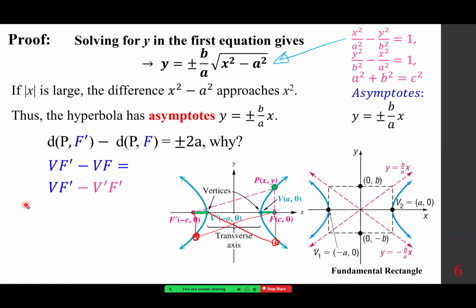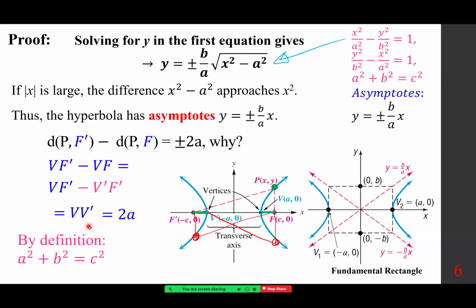And therefore, vf prime minus v prime f prime becomes this distance, v prime, and since this is at a0, this is at minus a0, this distance must be 2 times a. So believe it or not, that's the proof.